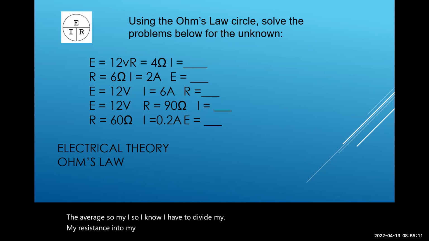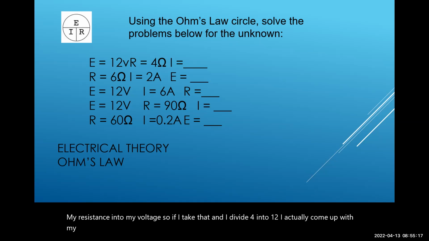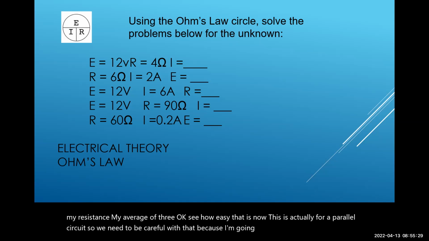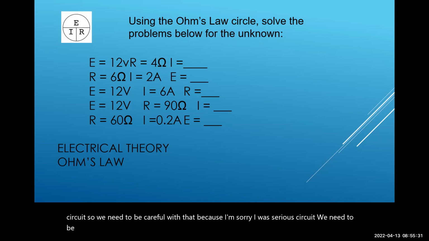So if I divide 4 into 12, I come up with my amperage of 3. See how easy that is? Now this is actually for a series circuit, so we need to be careful when we go into parallel. I'll walk you through that also, but it comes a little bit different.